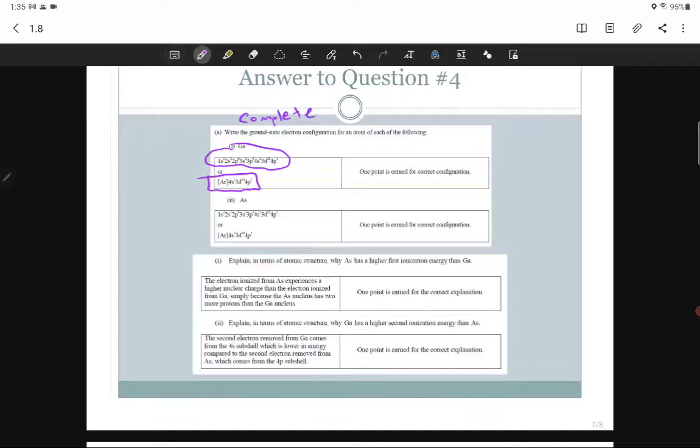So if it doesn't say complete, you can do this shortcut, and the shortcut would be going to the previous noble gas, so one row up, and in this case it's argon, and then all the electron configuration after argon. So argon is 1s2, 2s2, 2p6, 3s2, 3p6. I know this is small here, but that's the argon part of the electron configuration, and then you just need the rest of it. And then arsenic, they do the same thing. They go here, arsenic, and then everything after.